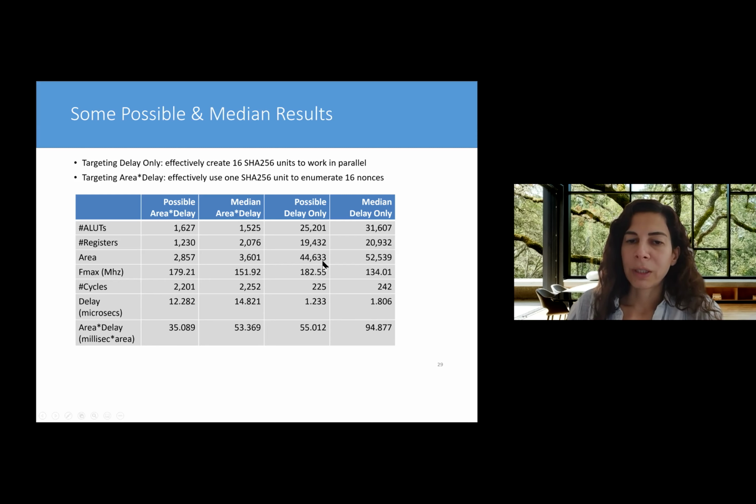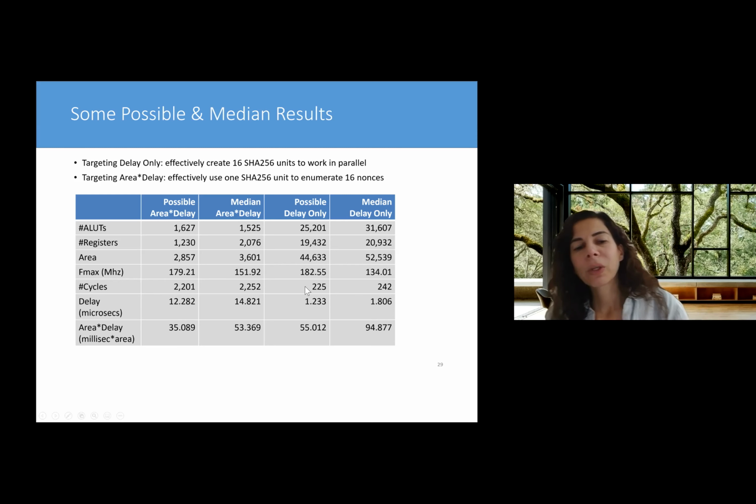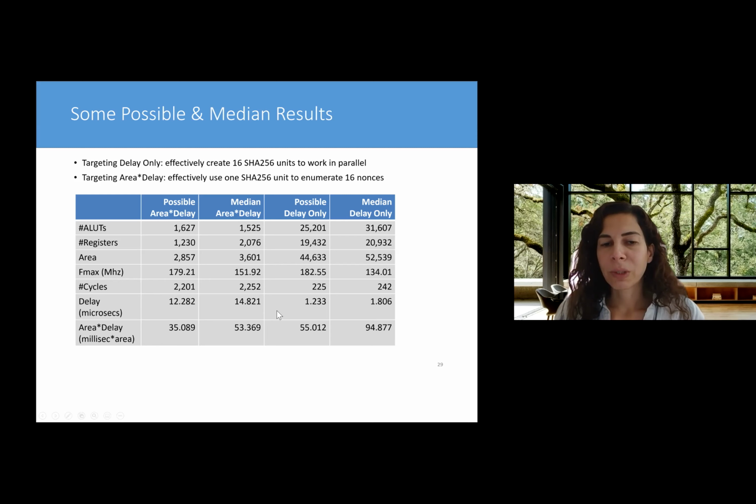So we're going to pay more than a 10 times penalty in terms of the area, but we're going to improve the number of cycles by about 10 times. And the delay is a function of that. As you see here, the Fmaxes are in the same range. Here the maximal frequency is slightly higher, but not by much.